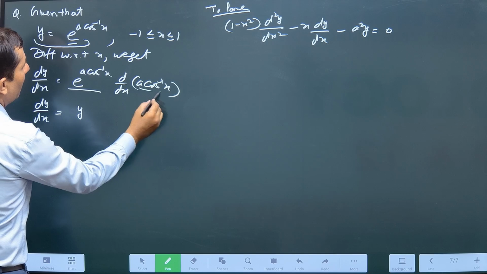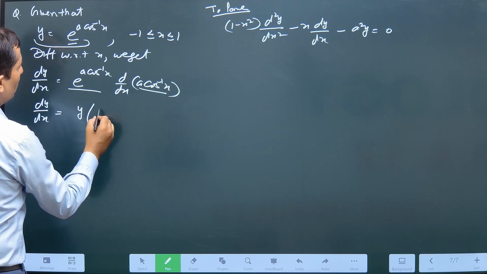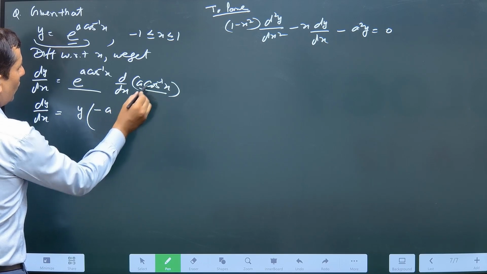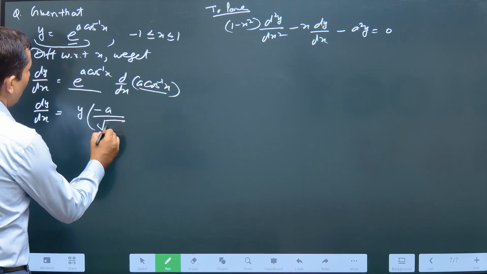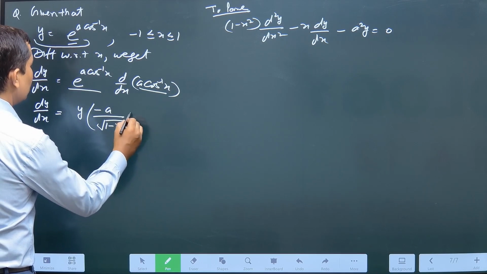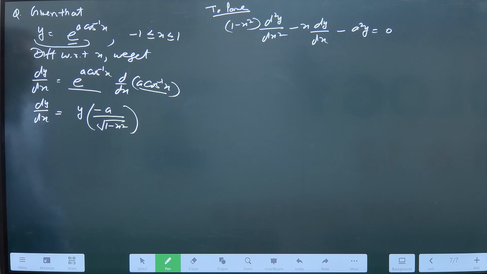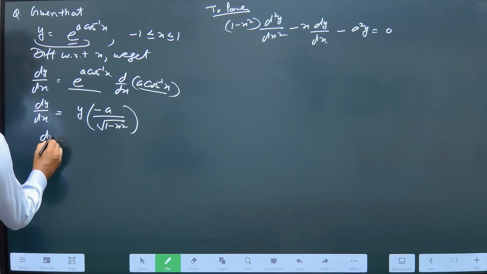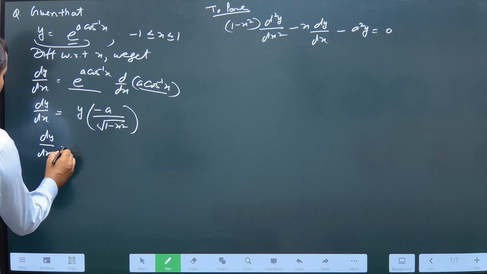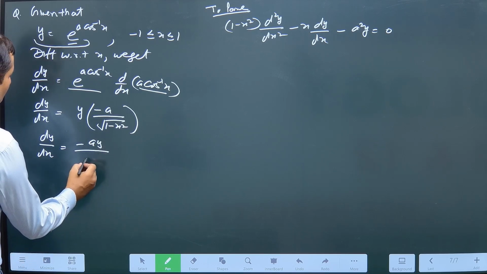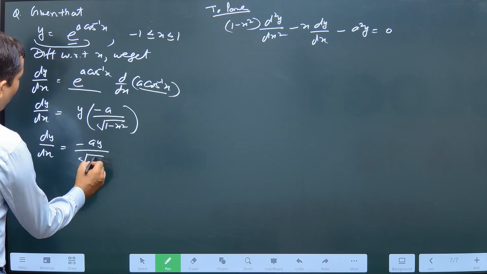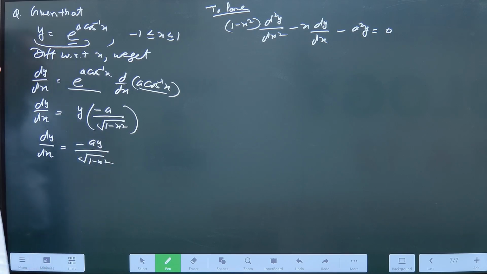What is the derivative of cos inverse x? Minus 1 upon root 1 minus x square. Write down here. Clear? Okay. So your dy upon dx is equal to minus ay upon root 1 minus x square.